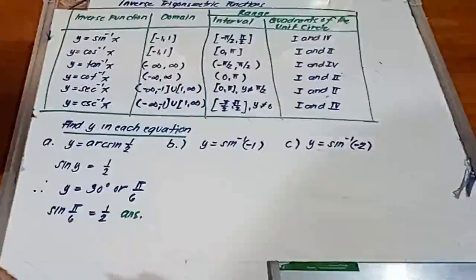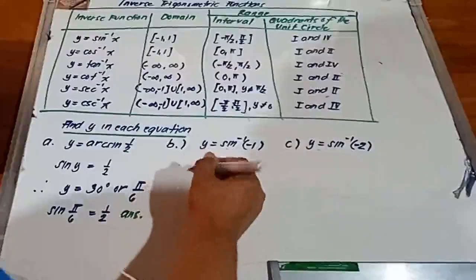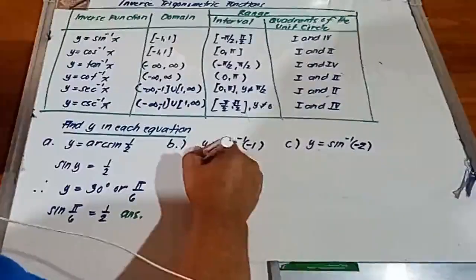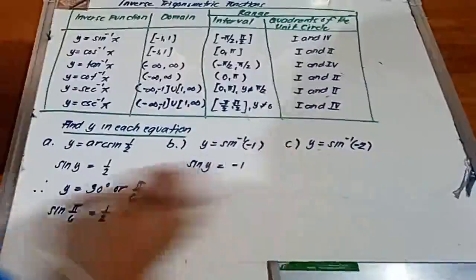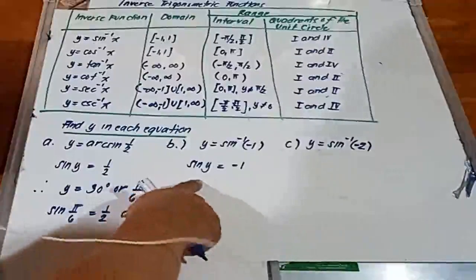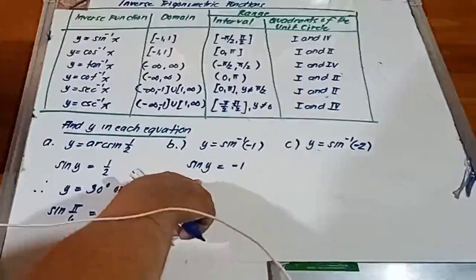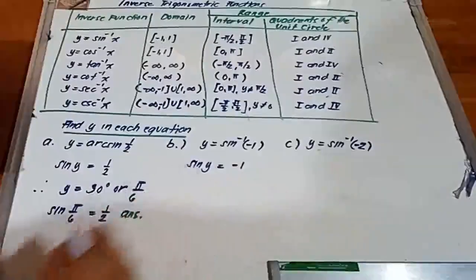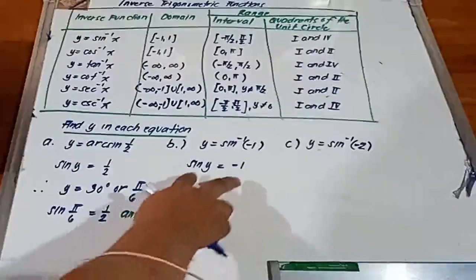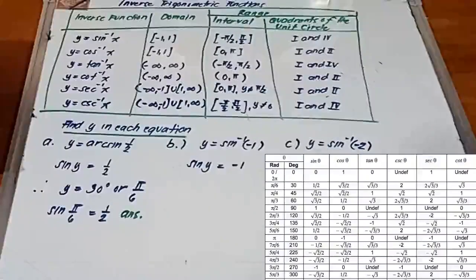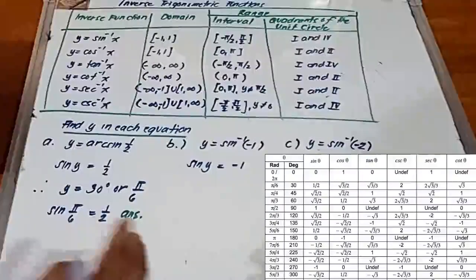How about letter B? We have sine to the negative 1 of -1. I-rewrite natin to this form, sine y equal to -1. Now, what angle, so that the sine of this angle is equivalent to -1? Okay. Saan yon? So, that angle is pi over 2.